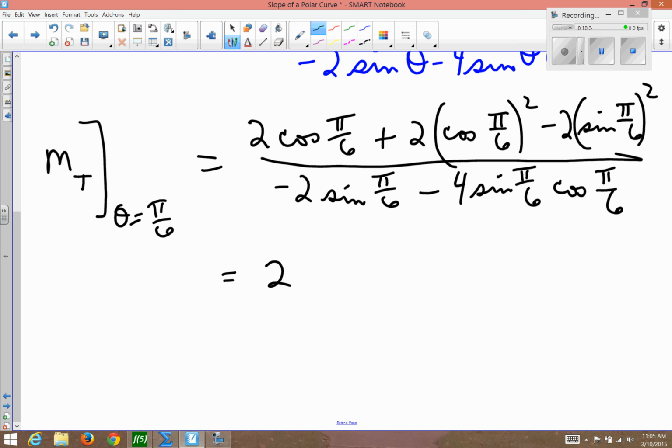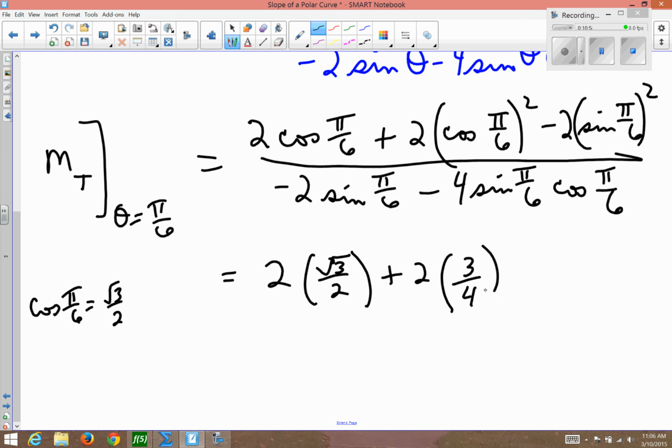Pi over 6 is 30 degrees. Cosine of pi over 6 is radical 3 over 2. The cosine of pi over 6 squared is 3/4. That's the cosine of pi over 6, so we're squaring it here.